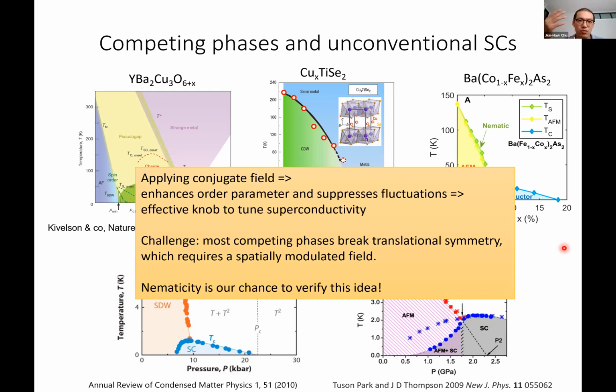So you need a spatially modulated conjugate field to suppress the fluctuation. Unfortunately, for the pnictides or the iron chalcogenides, you have this nematicity, which is a Q=0 symmetry breaking field. So it's probably the easiest one for applying a symmetry breaking field, suppressing the fluctuation and observing its impact on superconductivity.